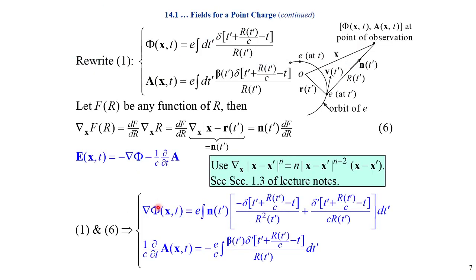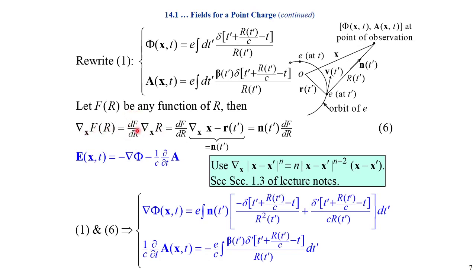Now, let's start to calculate the E field and B field. Okay, how to do that? First, we will introduce a function f(r). It's a function of r. The gradient of f(r) you can write into this one and this one, in terms of the total derivative of f, because f is just a function of r.